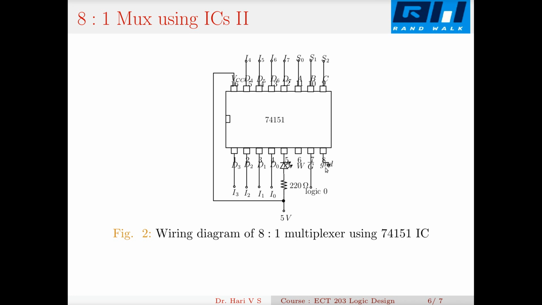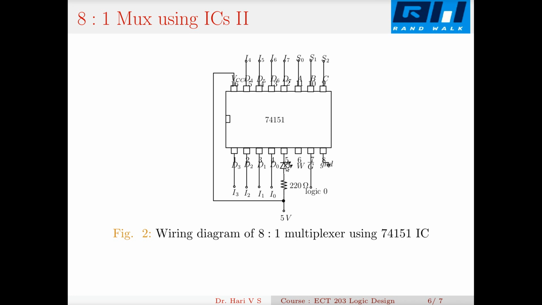So if I place this chip on a board and connect the 8th pin to ground and the 16th pin to VCC, and connect some data sources at pins 1, 2, 3, 4, 15, 14, 13 and 12, some signals maybe with toggle switches, a high-low pattern, and if I apply S0, S1, S2 to 3 other toggle switches and apply different patterns, say 0, 0, 0 to 1, 1, 1, you can observe I0 through I7 values at the output pin 5.